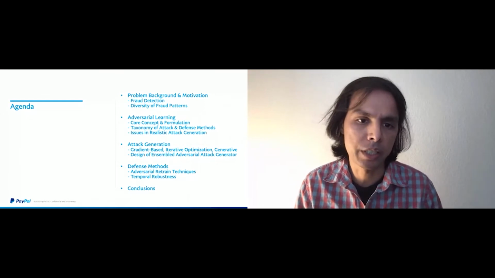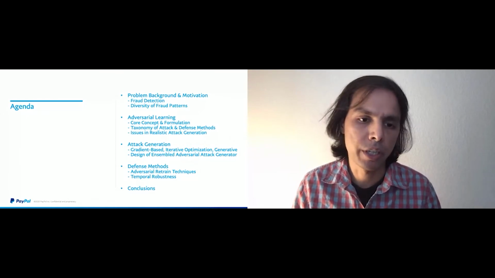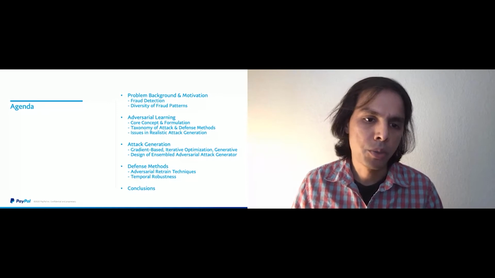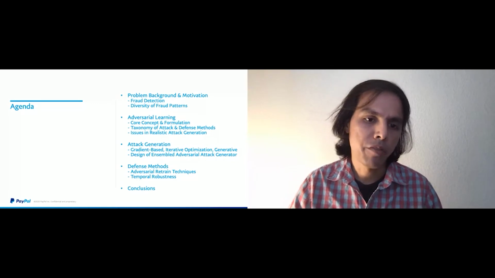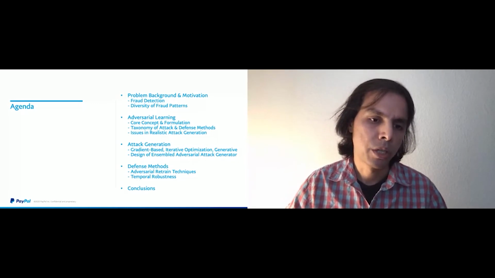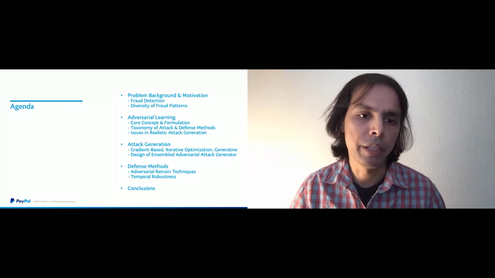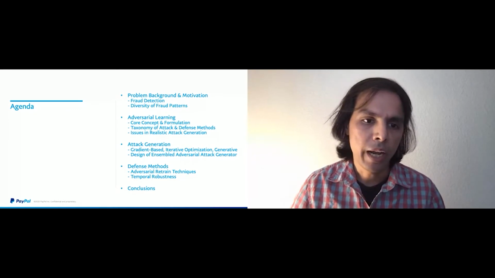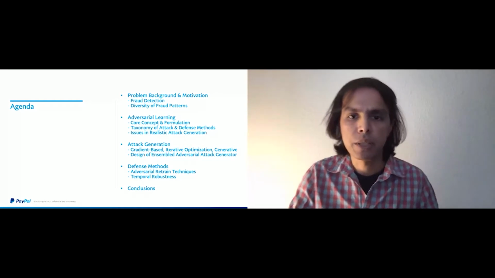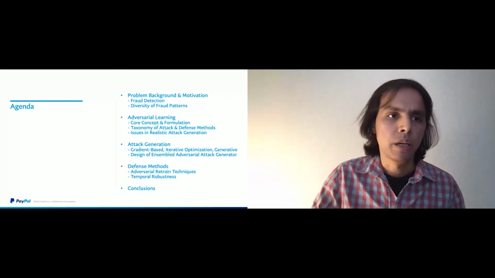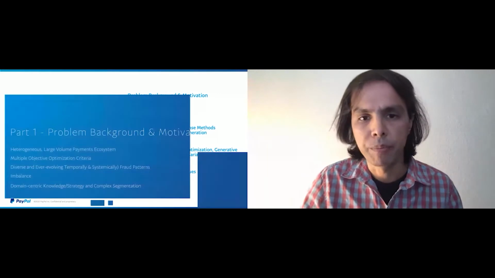So we'll talk about the design of that ensembled adversarial attack generator. And then we'll switch to defense, where we'll use the ensemble-based framework as a seed, and then try to develop defense methods to circumvent attacks that are pretty effectively carried out by the ensemble. We'll also look at issues related to temporal robustness. Lastly, we'll establish some conclusions on the analytical side as well as on the system performance side.